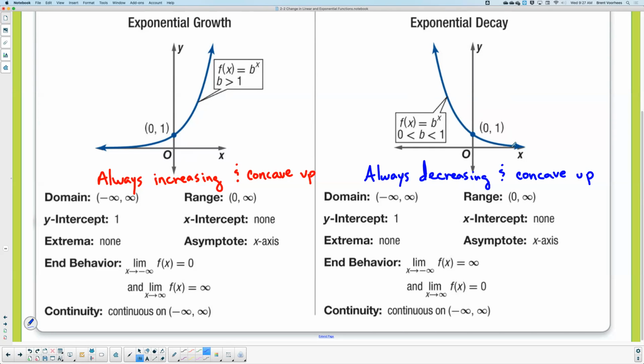Is the slope increasing or decreasing as you go? The slope's not decreasing. The slope is actually increasing. The slope's getting greater and greater as you go. So it's still concave up. Now you could have a negative initial term, which would reflect these over, and then you get concave down. So you will see that, and I'll show you that next class.